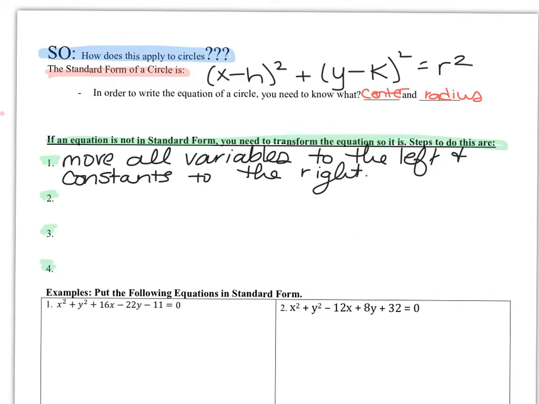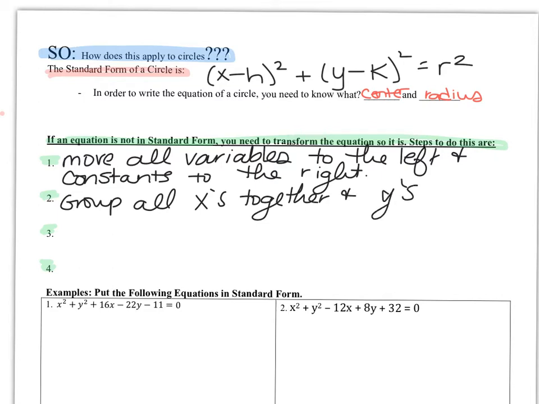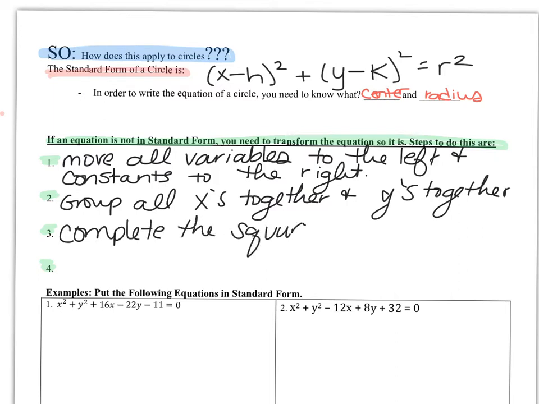Step 2, I'm going to group all x's together and y's together. Step 3, I'm going to complete the square on both variables.